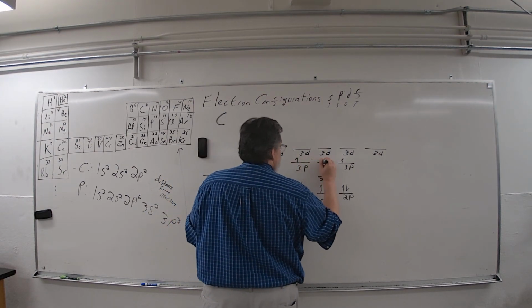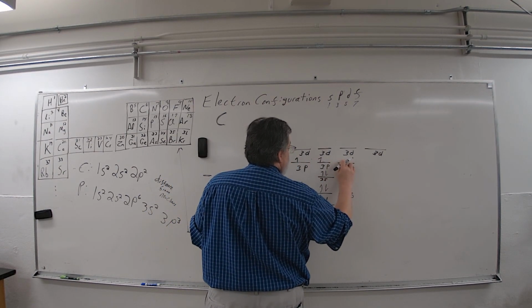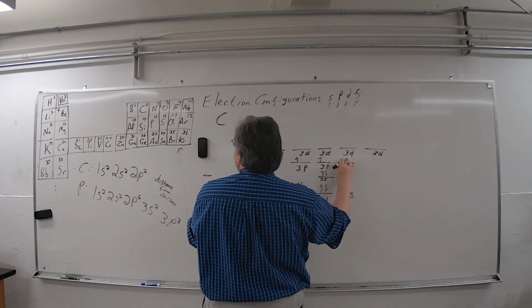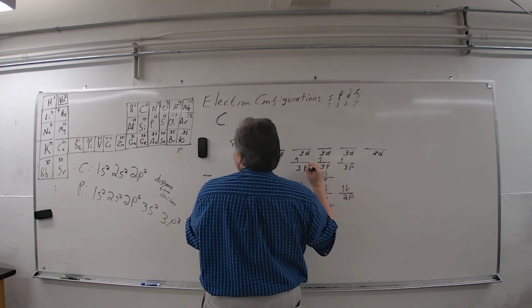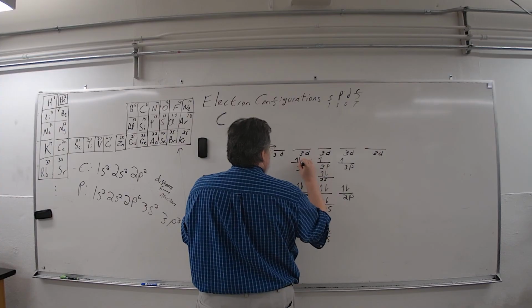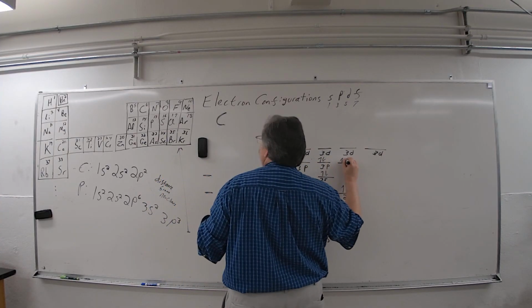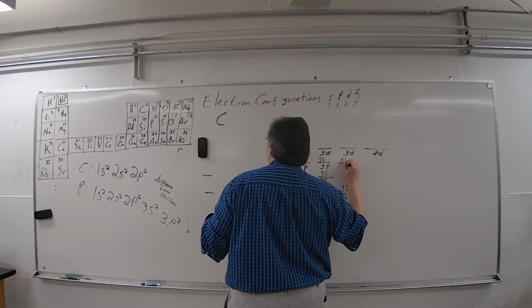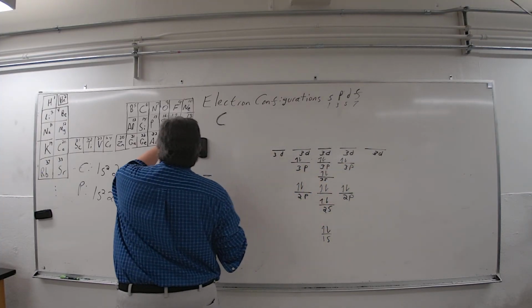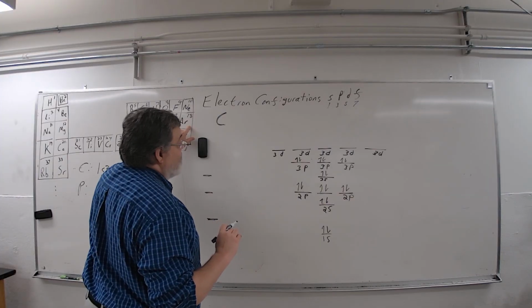So aluminum, silicon, phosphorus, sulfur, there's chlorine, argon. Okay. This is kind of where the pattern starts to break.